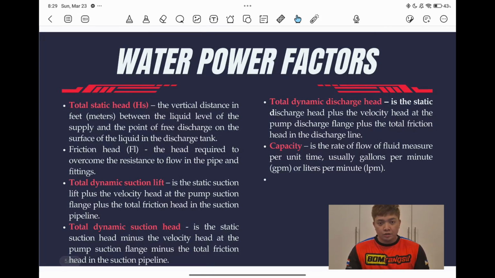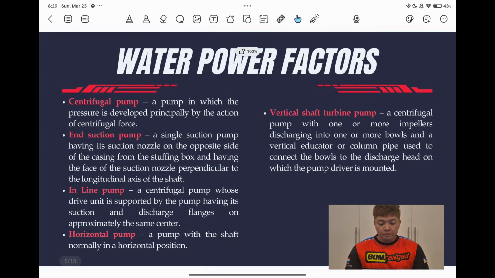Total dynamic discharge head is the static discharge head plus the velocity head at the pump discharge flange plus the total friction head in the discharge line. And the capacity is the rate of flow of fluid measured per unit time, usually gallons per minute, or GPM, or liters per minute, LPM.